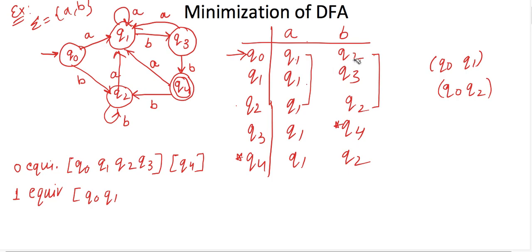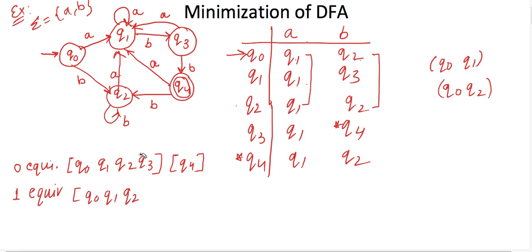Now watch what is happening at input b. q0 on b moves to state q2 and q2 on b moves to state q2. So obviously they are reaching the same state, so they are one equivalent. So I can put q2 in the same group as q0. It means q2 is already equivalent to q1.